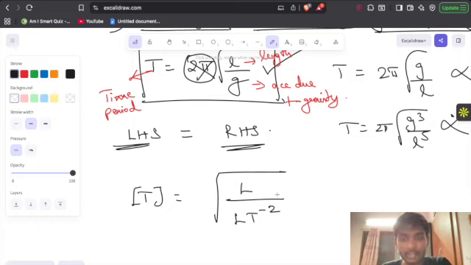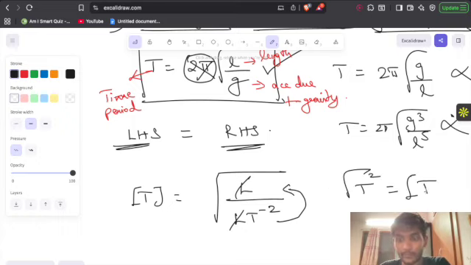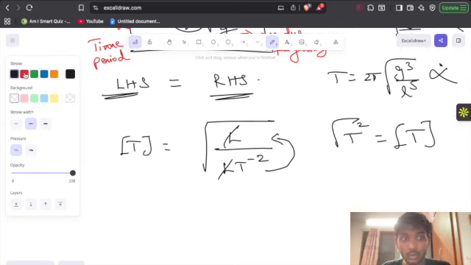That will give you a better understanding on how to do this. So L would get cancelled, and then if I bring this T power minus 2 to the numerator, it will become T square. So it is root of T square, which is equal to T. So from this I know that LHS dimension is equal to RHS dimension.